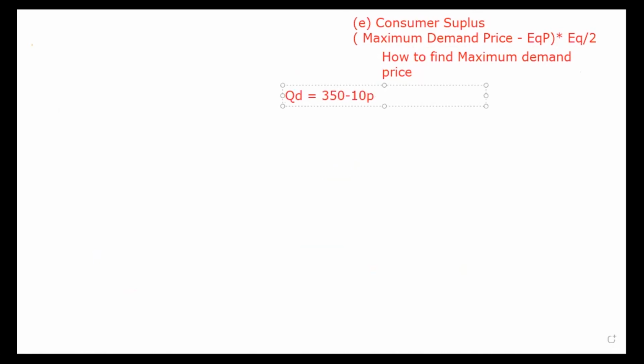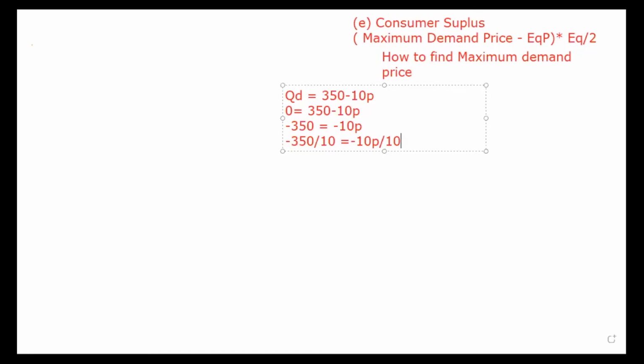So now, how do you find the maximum demand price? I take this QD as 0. I need to consider it as 0. 350 minus 10p, and then bring this 350 to the opposite side. So it becomes minus 350 is equal to minus 10p, right? So I divide both by 10, 350 divided by 10, and minus 10p divided by 10.